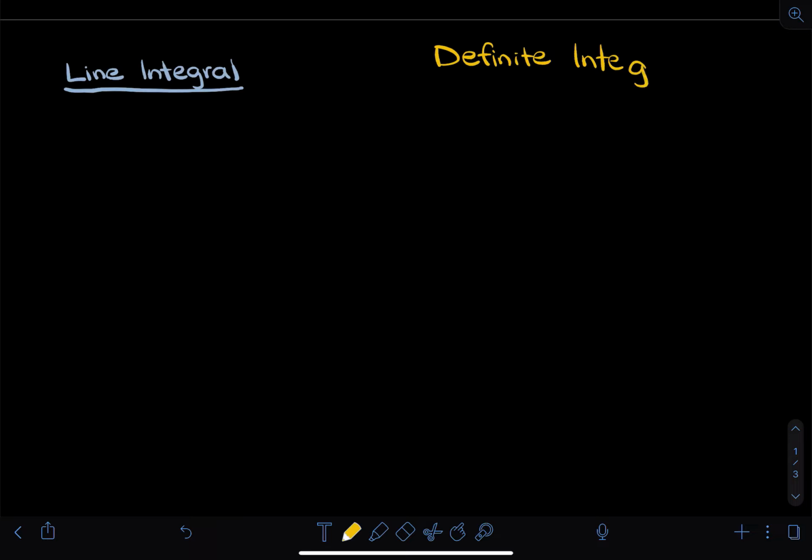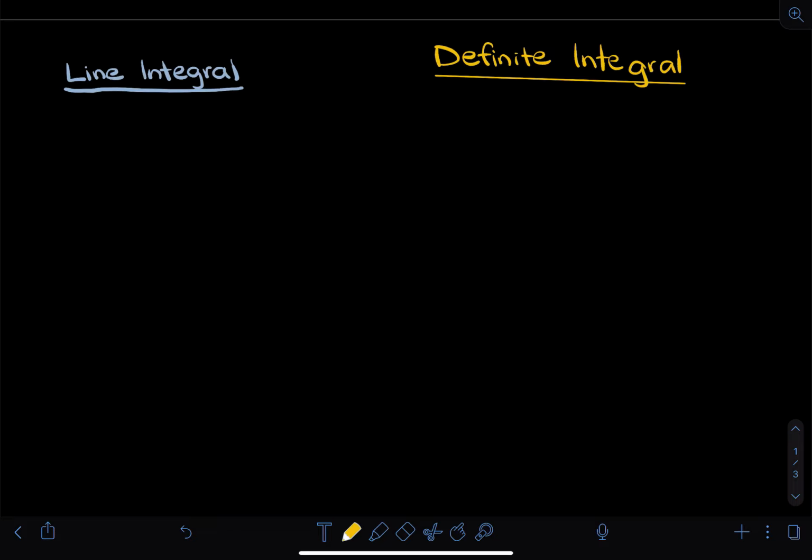The reason we're doing this is because we don't really know how to compute a line integral as it is, but a definite integral is much easier to compute. So the idea here is that for each part of a line integral, we want to substitute different parts into it to transform it into a definite integral.